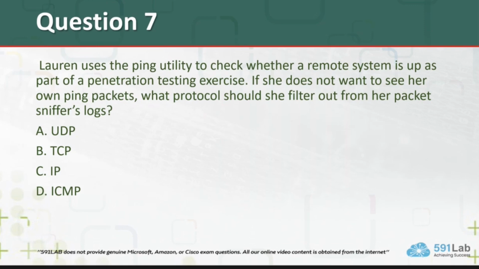Lauren uses the ping utility to check whether a remote system is up as part of a penetration testing exercise. If she does not want to see her own ping packets, what protocol should she filter out from her packet sniffer's log? UDP, TCP, IP, or ICMP?